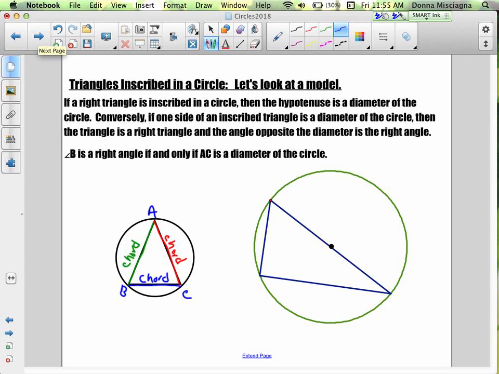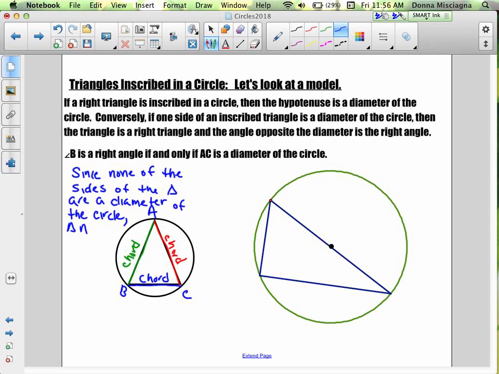So since none of the sides of the triangle are a diameter of the circle, triangle ABC is not a right triangle.